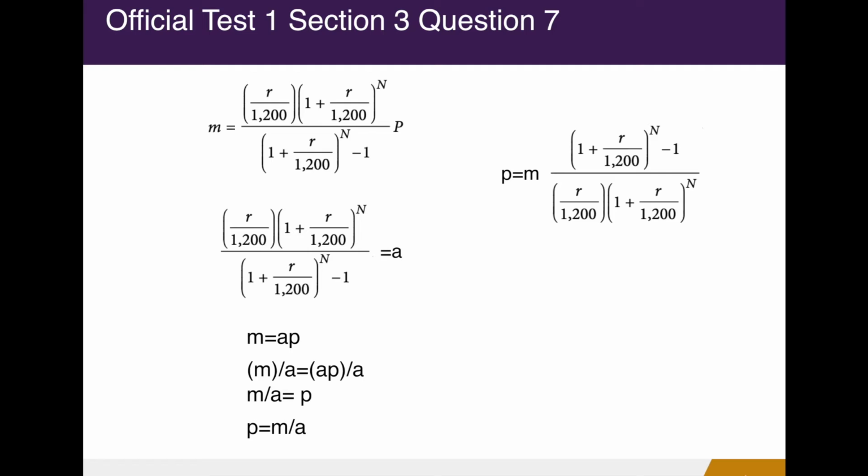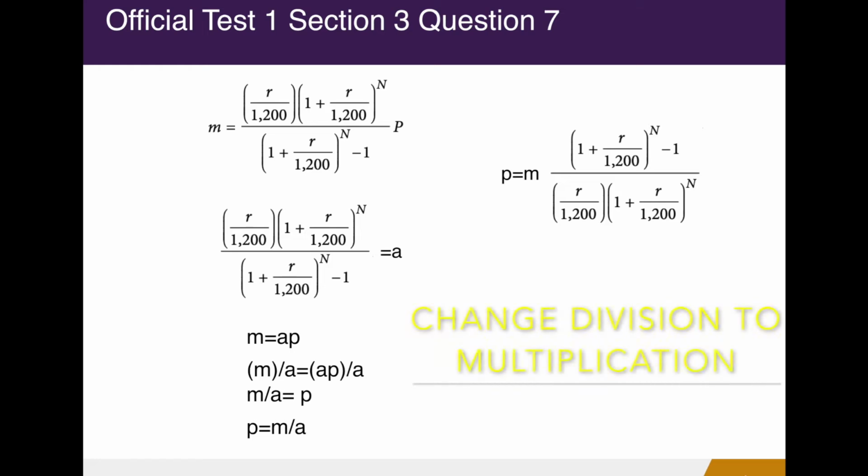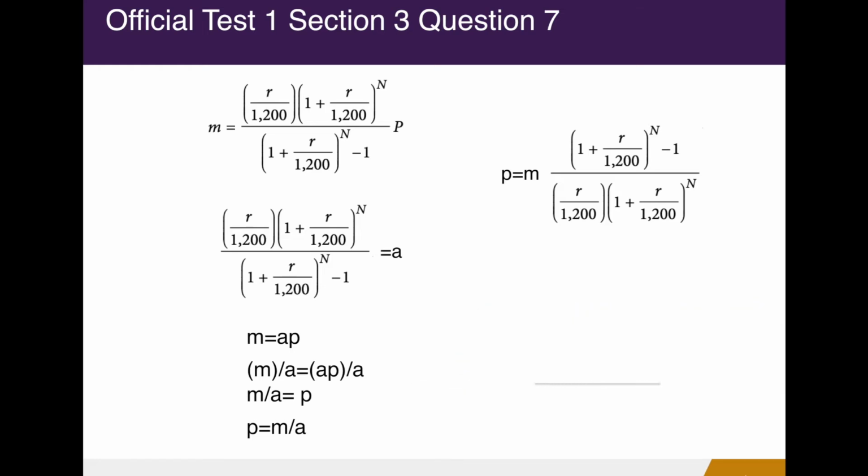So this is just a division of fractions. Division of fractions is keep, change, and flip. Keep the first number M, change the division to multiplication, and then flip the fraction.